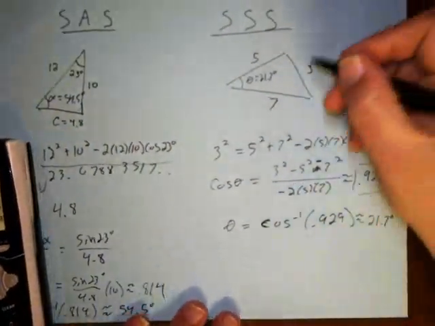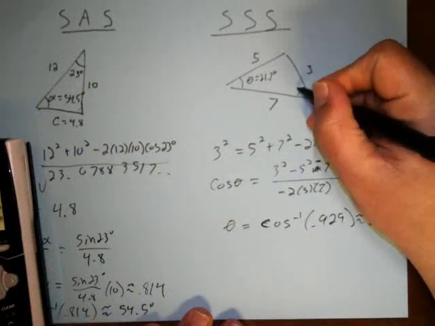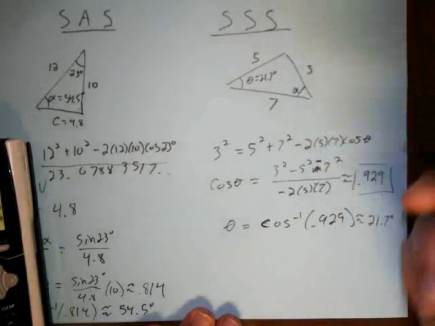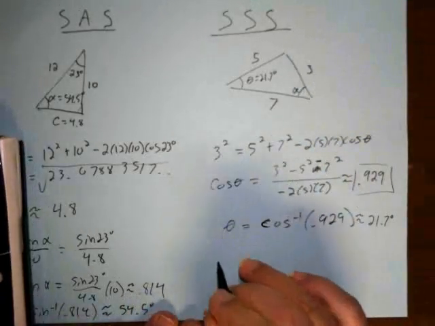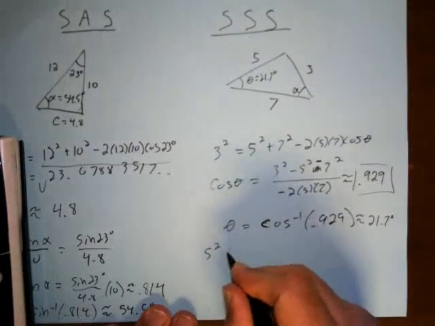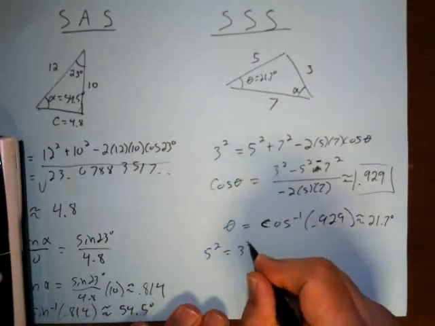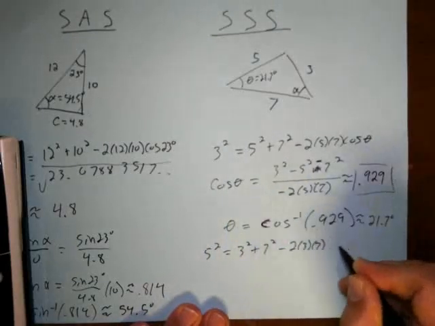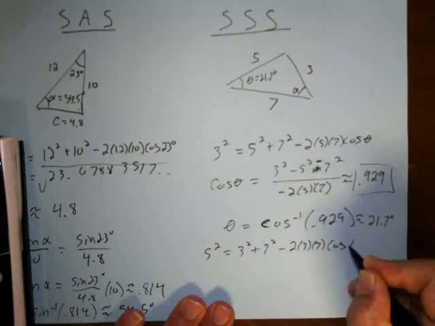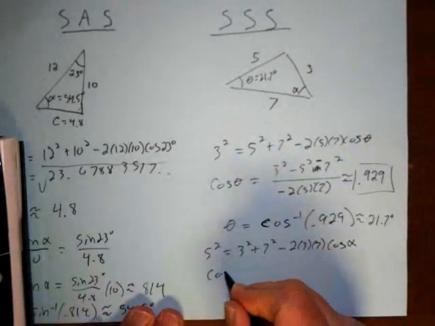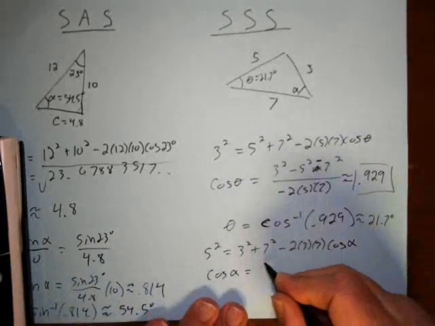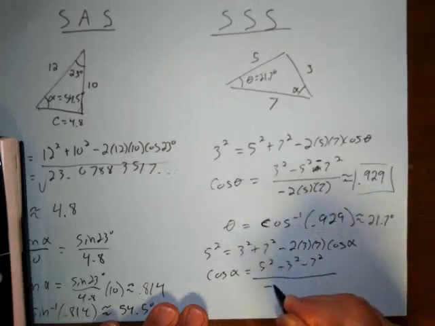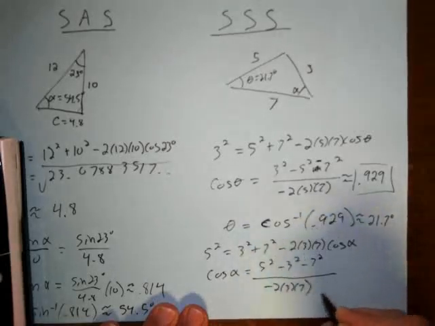So let's go ahead and do that. We'll find this angle now, I could call that alpha. What I would have here is 5 squared is equal to 3 squared plus 7 squared minus 2 times 3 times 7 times cosine of alpha. Then cosine alpha is equal to 5 squared minus 3 squared minus 7 squared, all over negative 2 times 3 times 7.